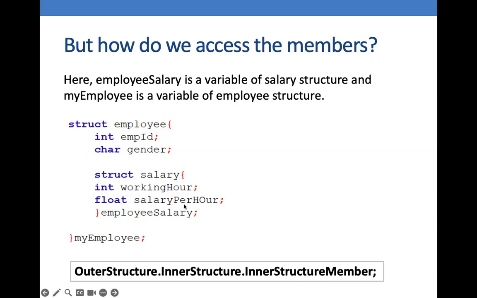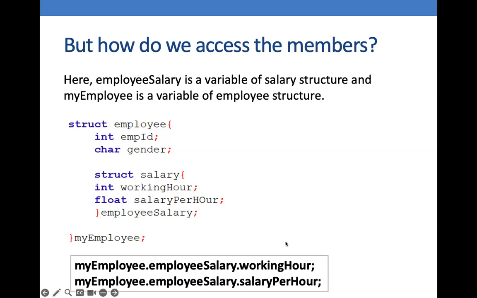Now we have a nested structure salary here. How can we access this working hour and then salary per hour? This is the general syntax: the outer structure, followed by dot, inner structure, dot, inner structure member. So in this example, that would be my employee, which is the outer structure, dot employee salary, which is the inner structure, and then dot working hour.